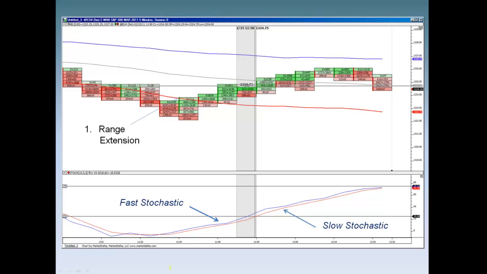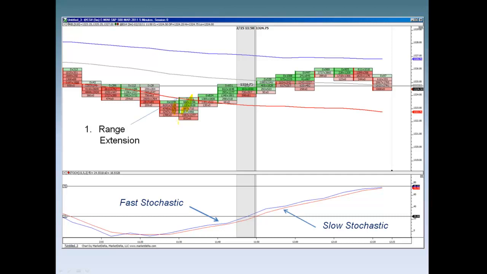First of all, we begin to identify a transition point, and then we look to the stochastic to see where it is. So once again, we begin with our market profile concepts. And here, what I've begun to see are two things that we've learned so far. One, green is appearing where red used to be.